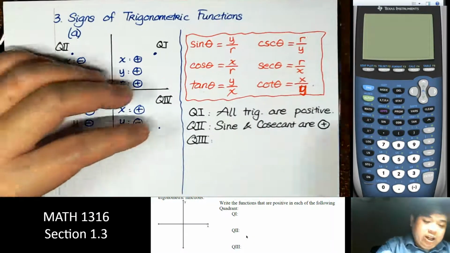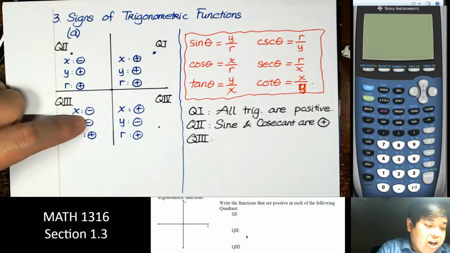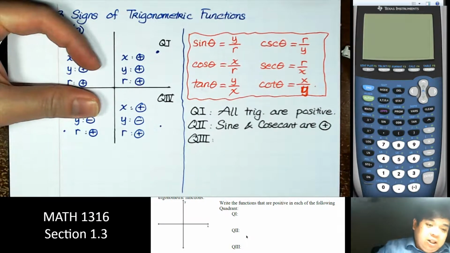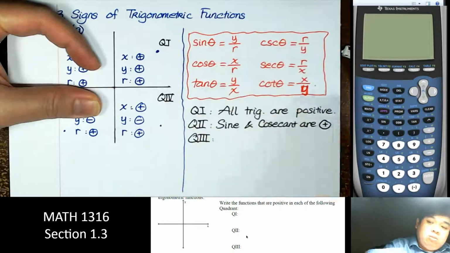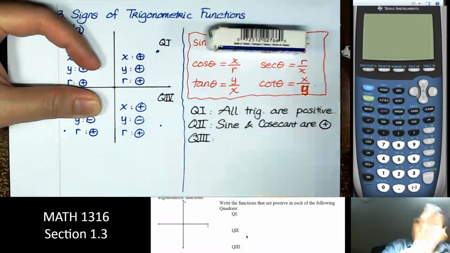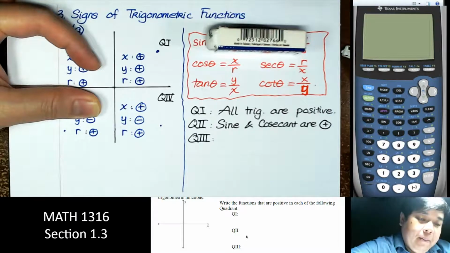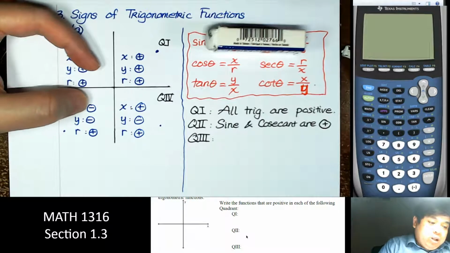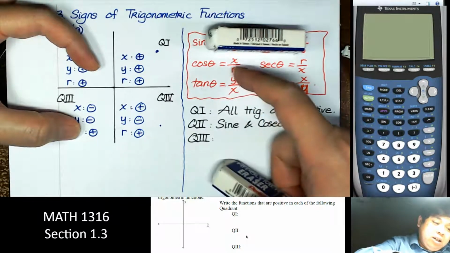Now a bit more tricky here. So in quadrant 3, x is negative, y is negative, r is positive. Now, if we use y and r, the ratio of y and r, one negative, one positive. So those two are negative. Next, how about we use x and r? One negative, one positive.